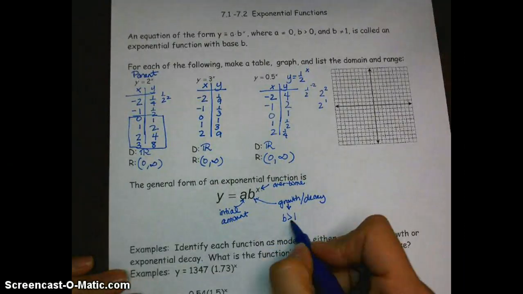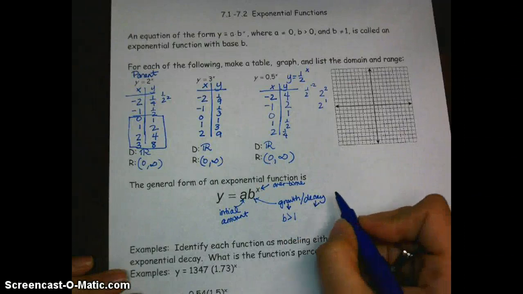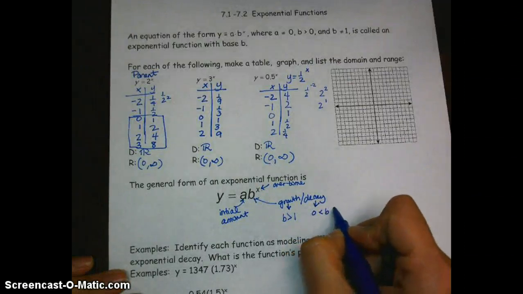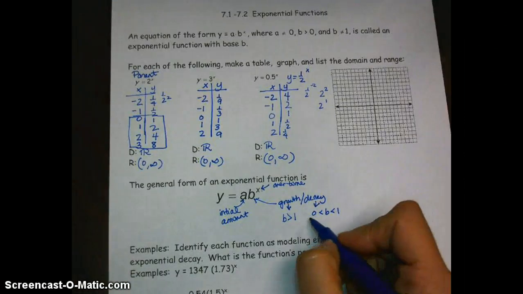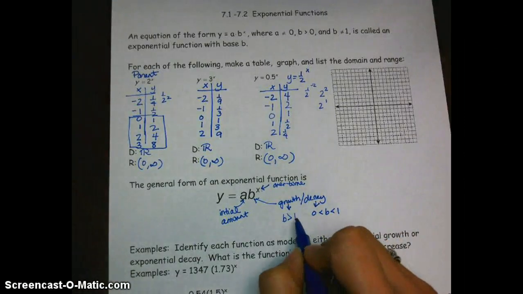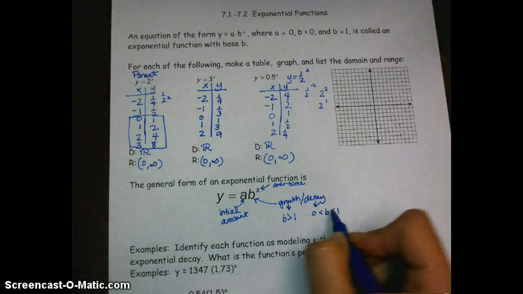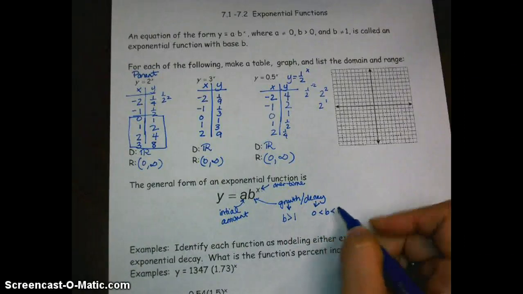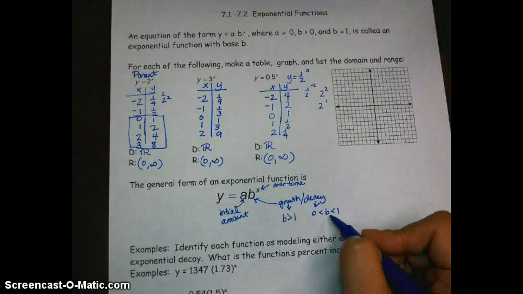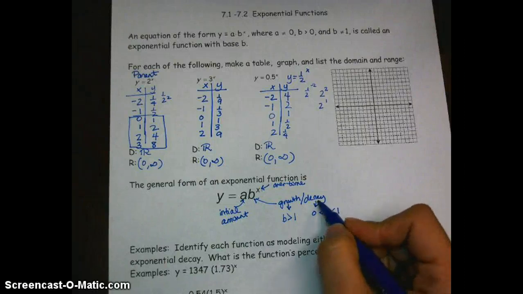It's decreasing if b is somewhere between 0 and 1. I don't want you to just jump to the conclusion that it's a fraction, because 5/4 is a fraction, but 5/4 is greater than 1. If we have a value for b somewhere between 0 and 1, this could be half, 3/4, or 0.2, and that would be a decreasing function.